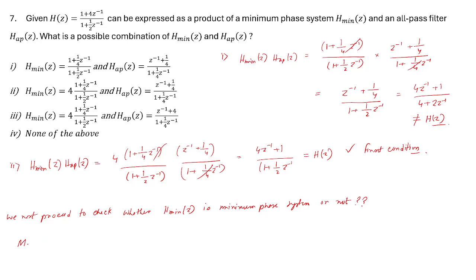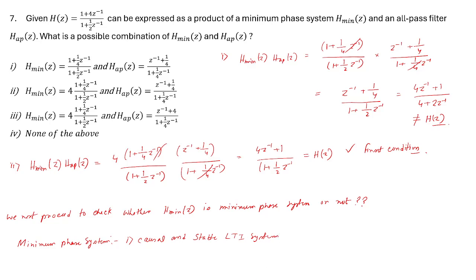So what is a minimum phase system? What are the conditions for the transfer function of a minimum phase system? First condition is it should be a causal and stable LTI system.